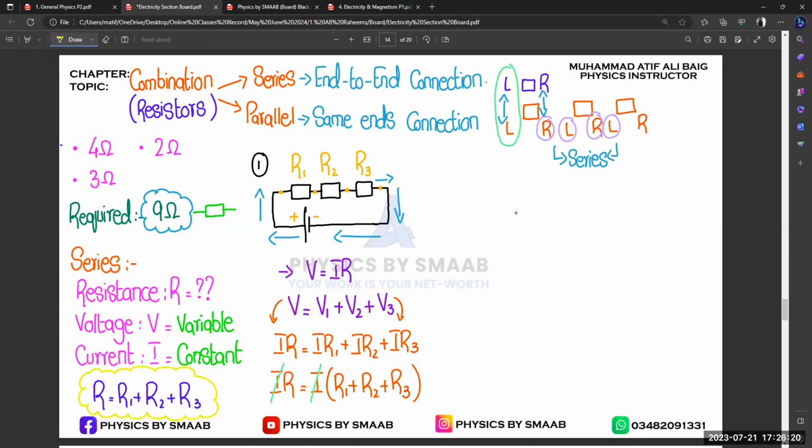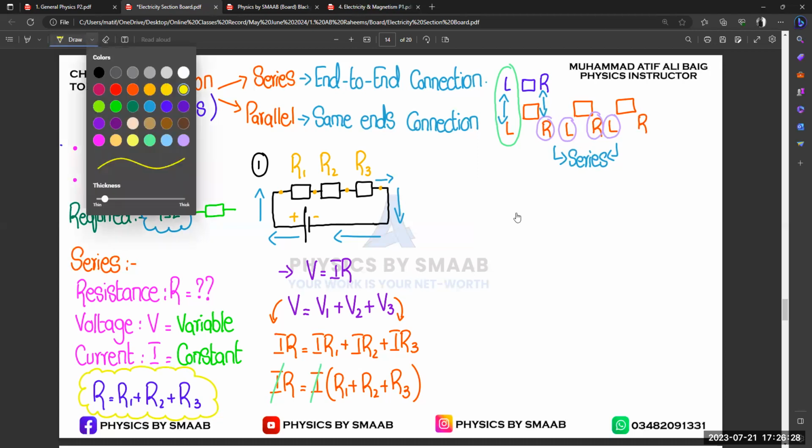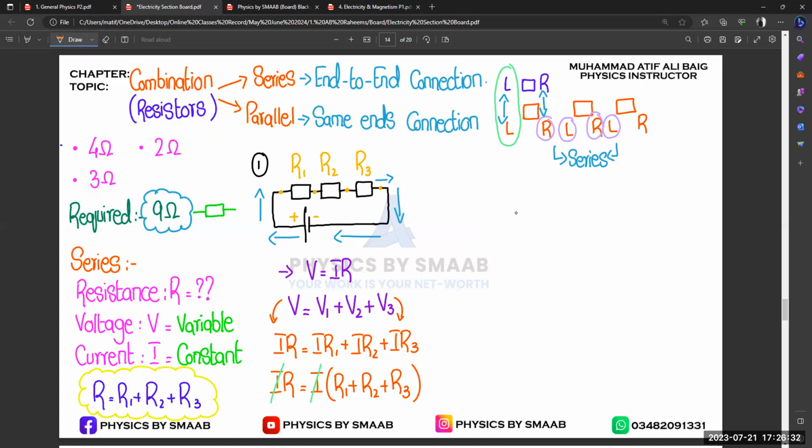Any confusion? So resistance equals the sum of all three resistors, you add them. In your exam and syllabus, there is a term related to the final resistance, known as equivalent resistance. We simply write EQ over here, so this EQ means the equivalent resistance, the total resistance.